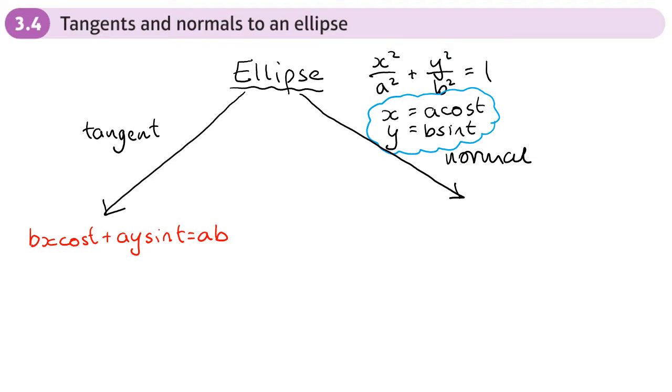And then for a normal, there's a bit more to it. That's going to be ax sine t minus by cos t equals, in brackets, a squared minus b squared, cos t sine t.